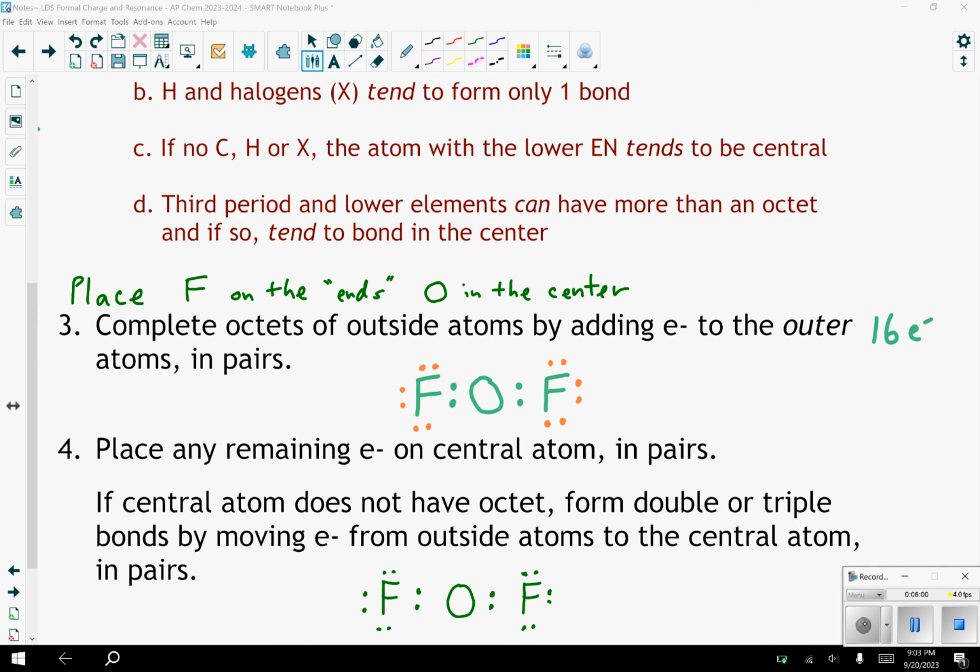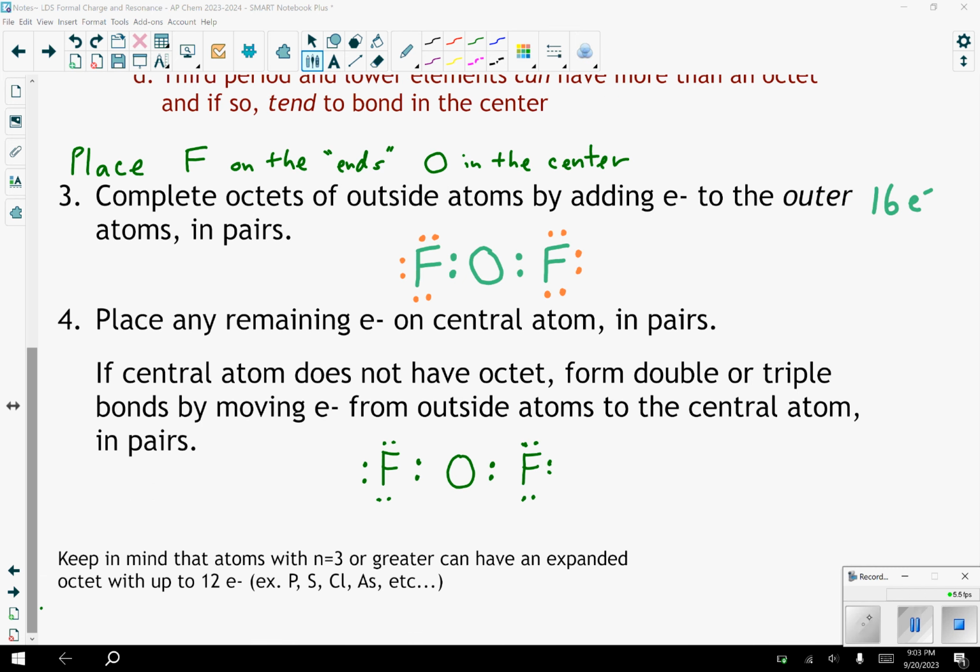Notice now that the fluorines on the end have a complete octet. Also, I've used 12 of the 16 electrons, leaving me with 4 electrons to place from the original 20.